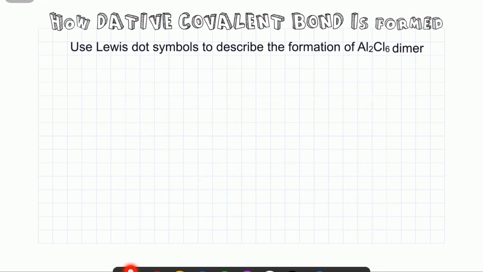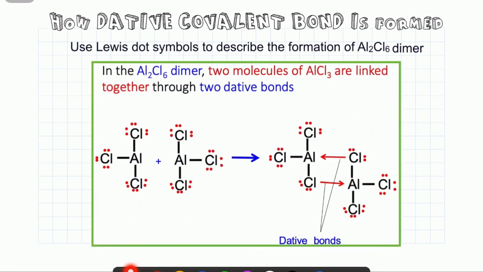Let's see the Al2Cl6 dimer. This is another example of the formation of dative covalent bonds between two AlCl3 molecules, which will form two dative bonds. How is this bond formed? The chlorine of the AlCl3 uses one of its lone pairs to form a bond with the Al, so it forms a dative covalent bond.